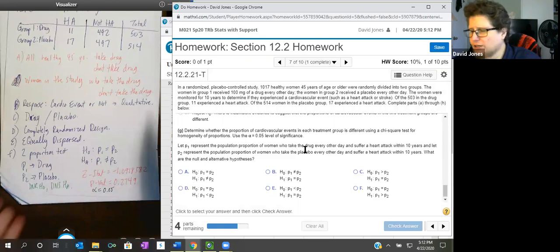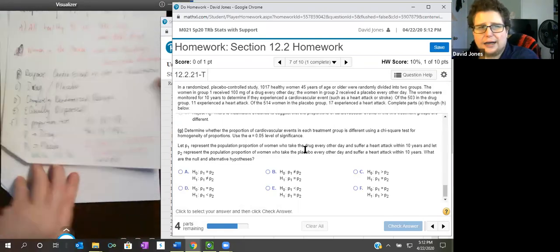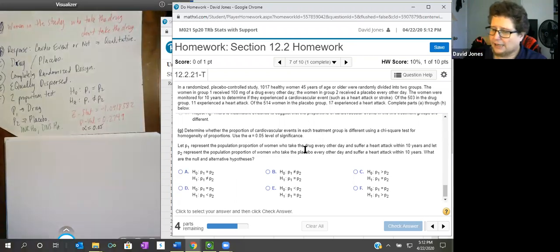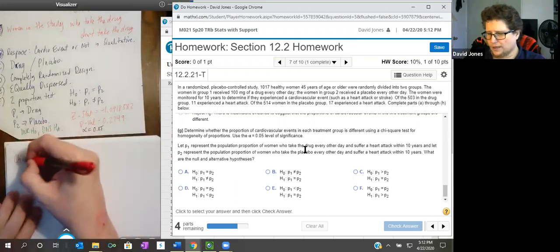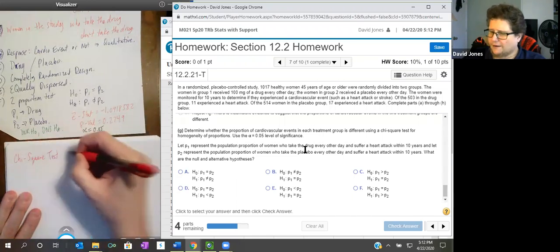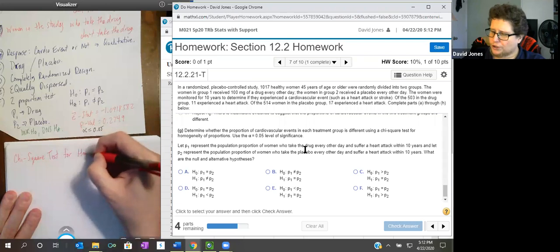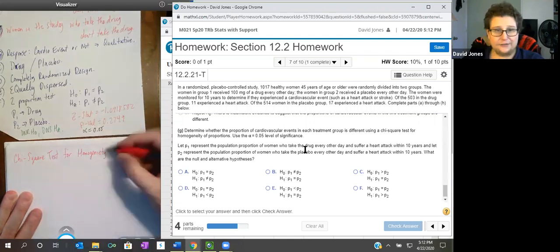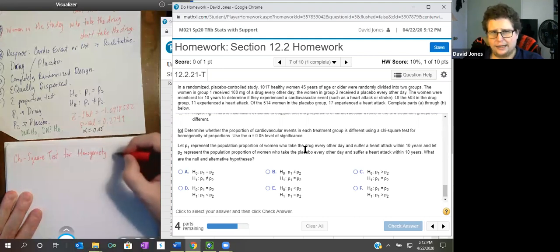G, notice in G, now they're saying do the chi-square test for homogeneity of proportions. The chi-square test for homogeneity of proportions is another name for the test for independence.